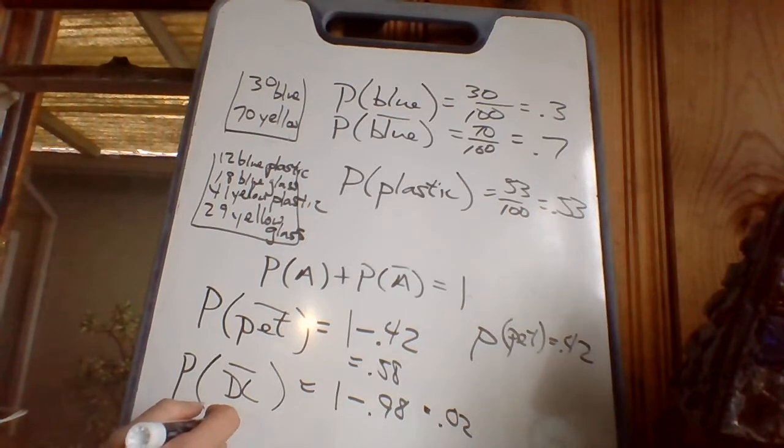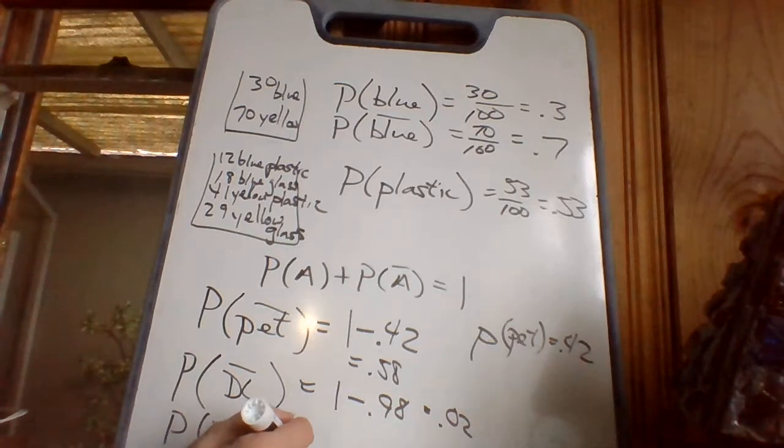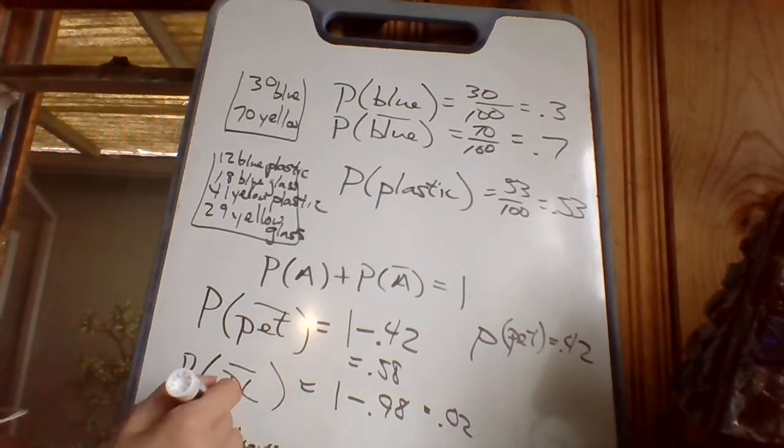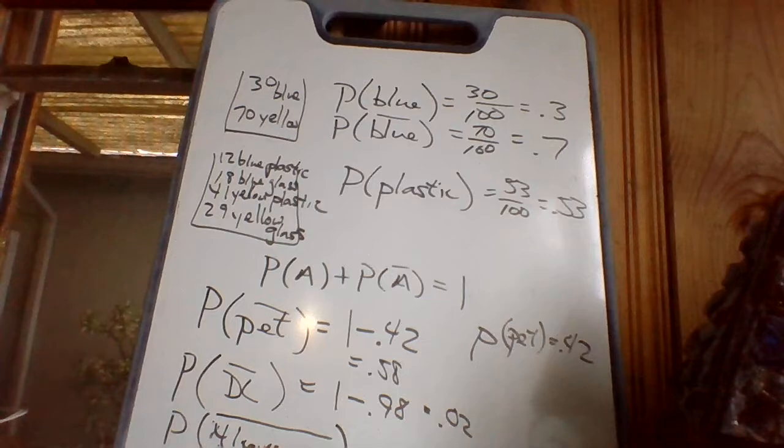Probability of, well, we got to write it in complements. Probability of 4 leaves or over. Not that. Probability of it not having more than 4 leaves. 3-leaf clover or 4-leaf clover.